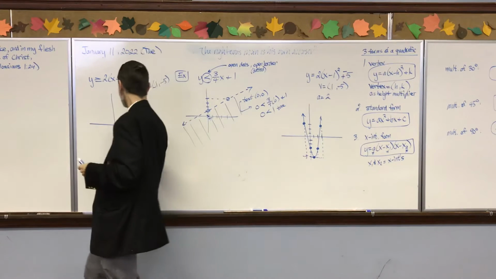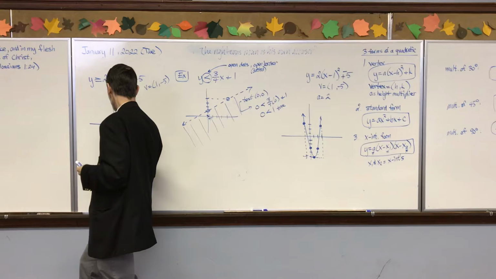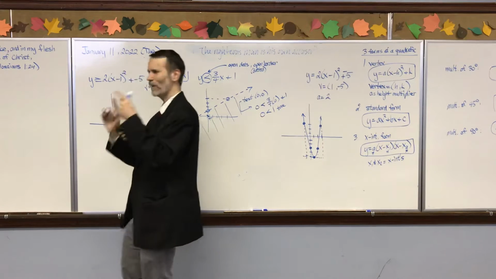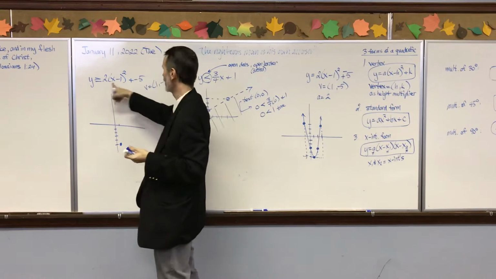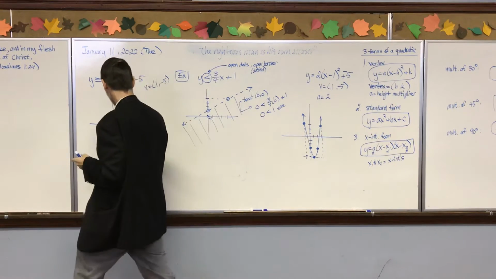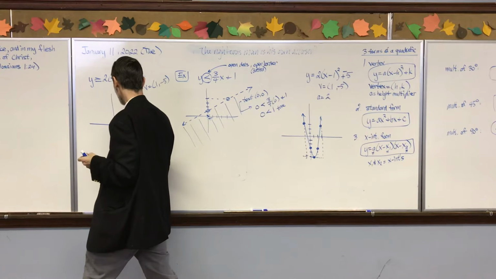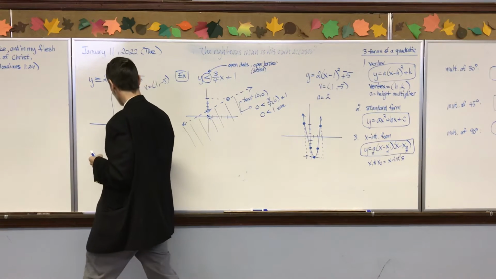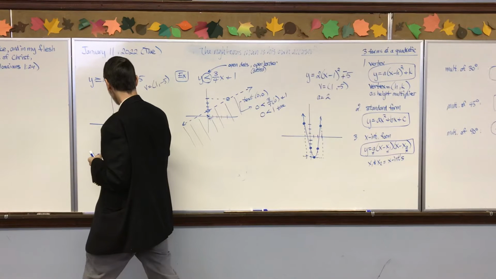Why do you say that? Correct. Anything with an equal sign is going to be solid. What's the pattern if you have a multiplier of 2? Over 1, up 2. Correct. And then over 2, it's normally up 4, so what is it now? Up 8. Correct.